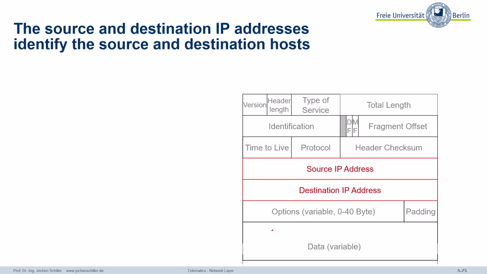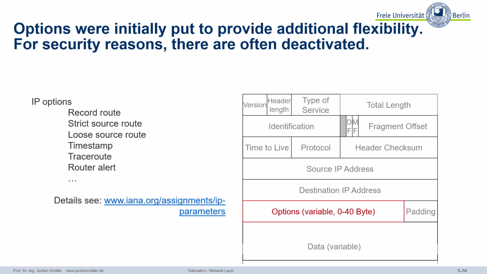And then we have our source and destination IP address. These are those well-known addresses we already had. And then many, many different options. Options for recording the route a packet travels. So IP packets, when traveling, could in theory record the path they go along.